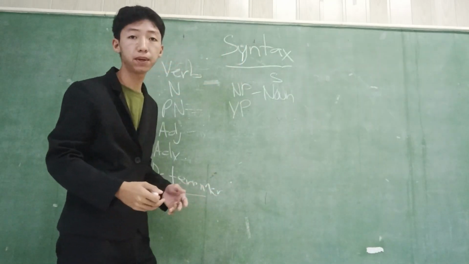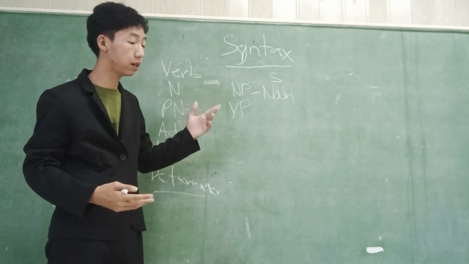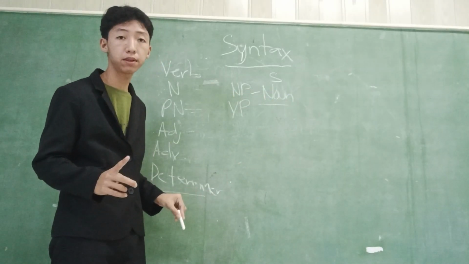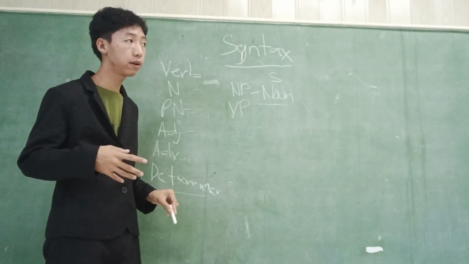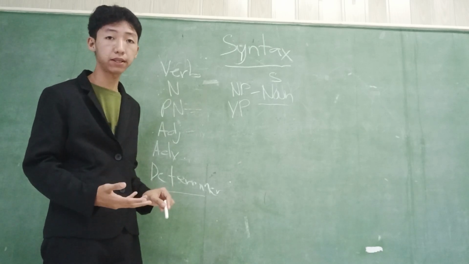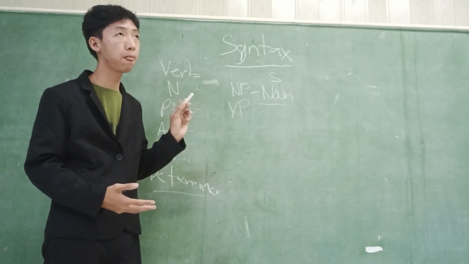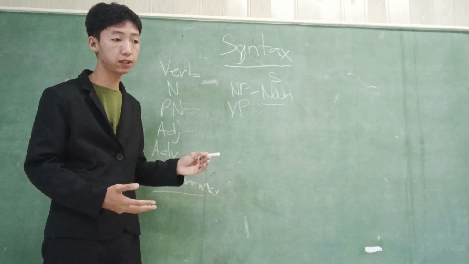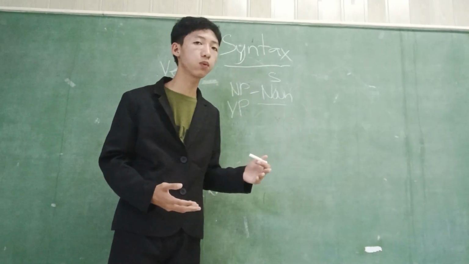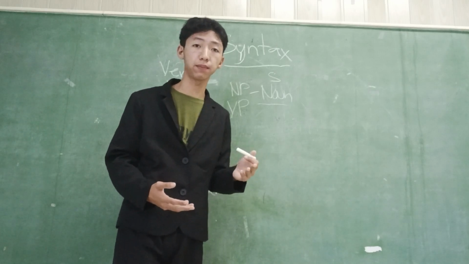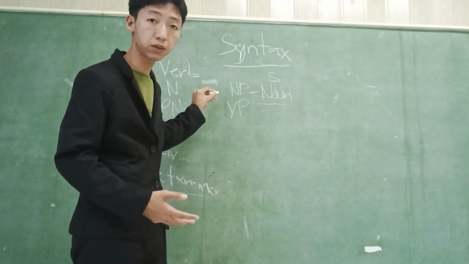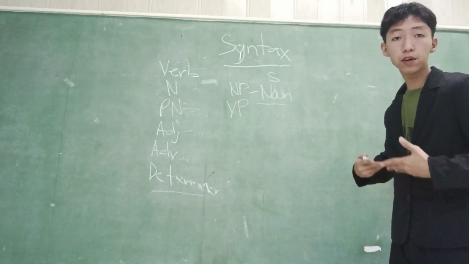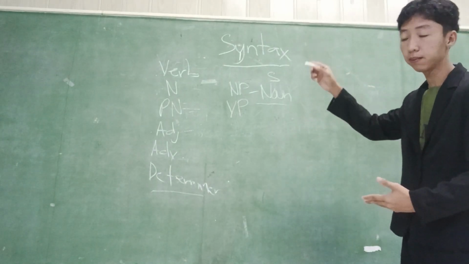A noun phrase can already be considered a noun phrase if it already has a noun itself. But there are other things that can be added to it, only if you choose to. It's optional. A noun phrase can also consist of a determiner, again for us to further understand what the noun is.